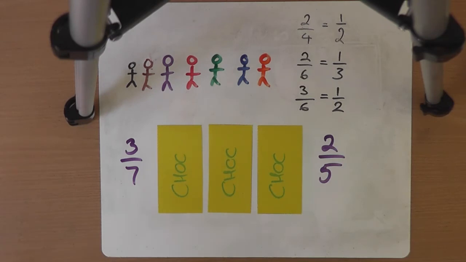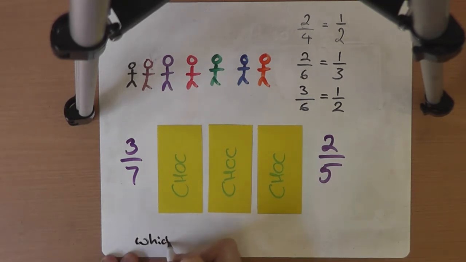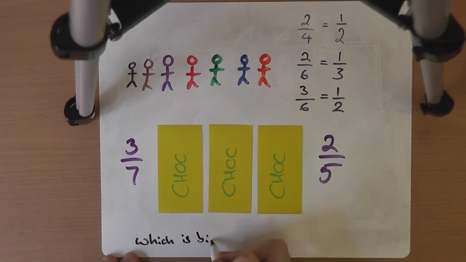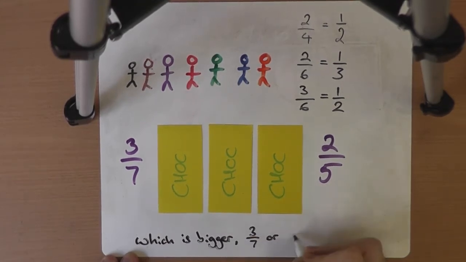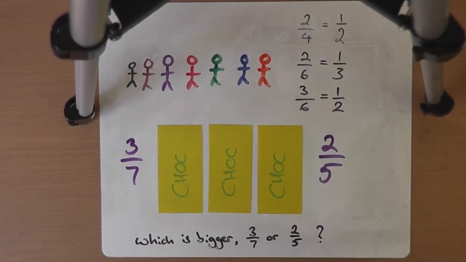So we can ask ourselves that question, which is bigger, 3/7 or 2/5? And we can make a note of that question. We're going to keep that question in mind and we are going to come back to it.